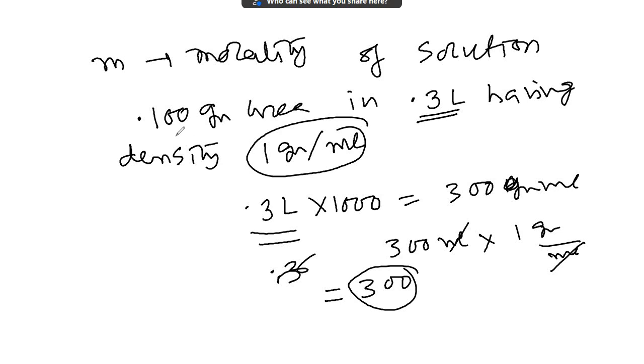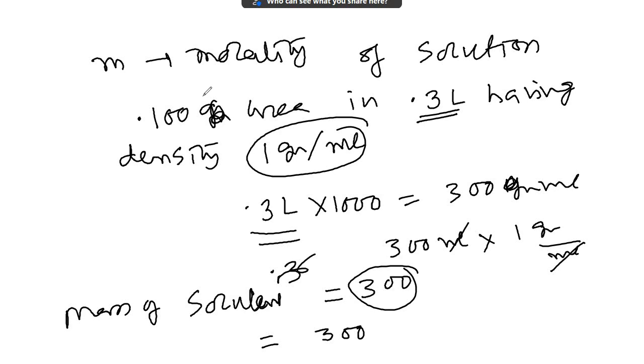Mass of the solute is given as 0.1 gram. So mass of solvent will be 300 minus... I am very sorry to say, in this case it is not given 0.100 gram, it is given as 0.10 moles of urea.